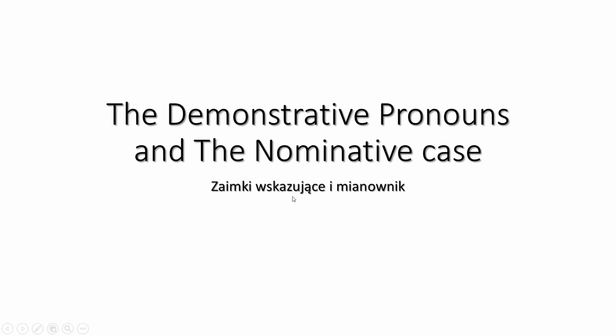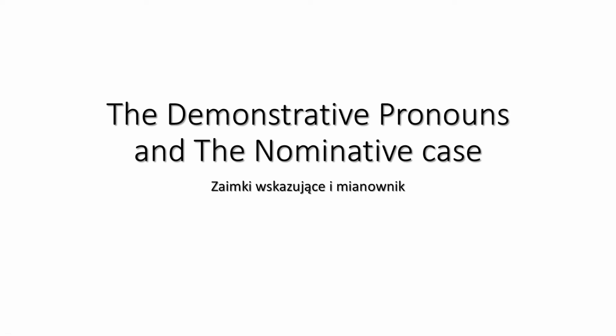It's like this and that, this car. This is a demonstrative pronoun, and in Polish it's called zaimek wskazujący, or in plural zaimki wskazujące. We're also going to talk about the nominative case, which is called in Polish mianownik. The nominative case is the general form of any noun.